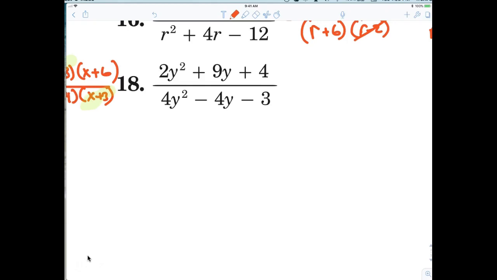No. Factor the top one already? Yeah. All right, go ahead. 2y plus 4, y plus 4. Everybody good with that?